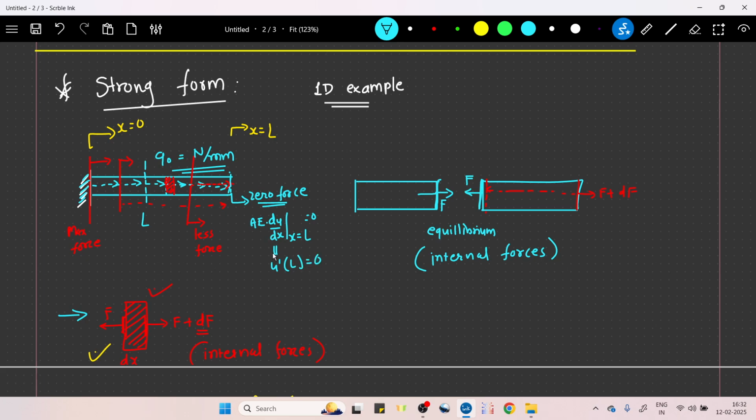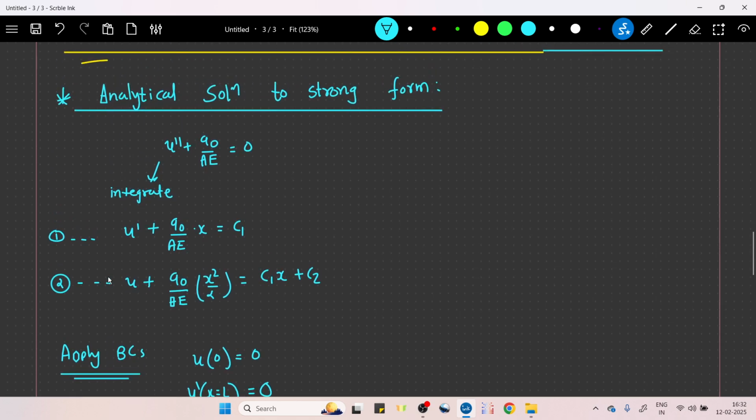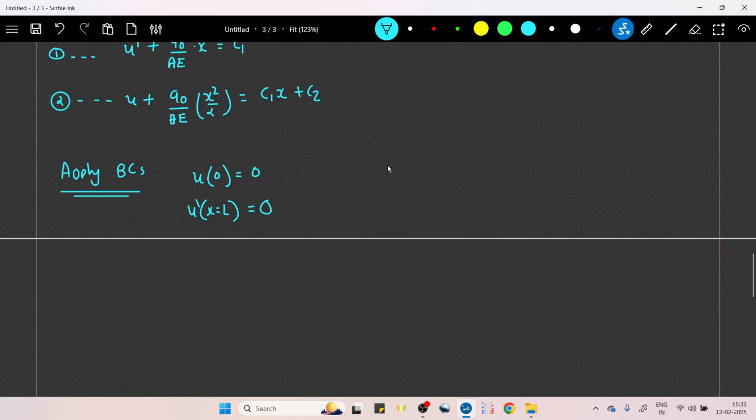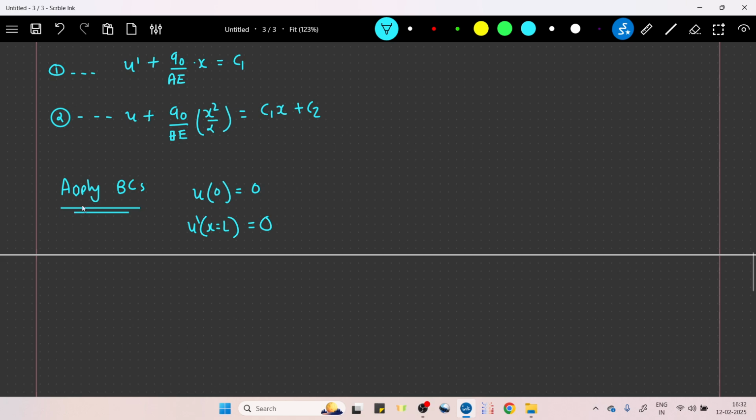Both are the same. So these are our boundary conditions: u(0) equal to 0, u'(L) equal to 0. I'll put these boundary conditions in equations 1 and 2.